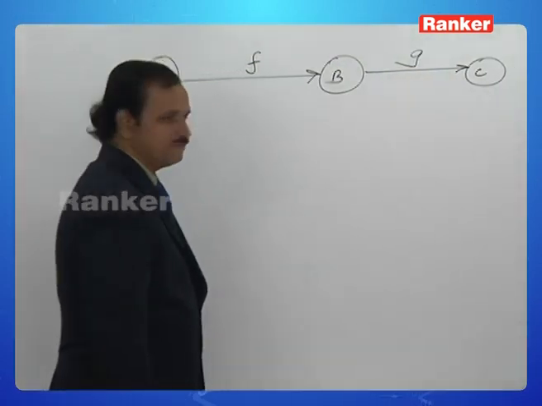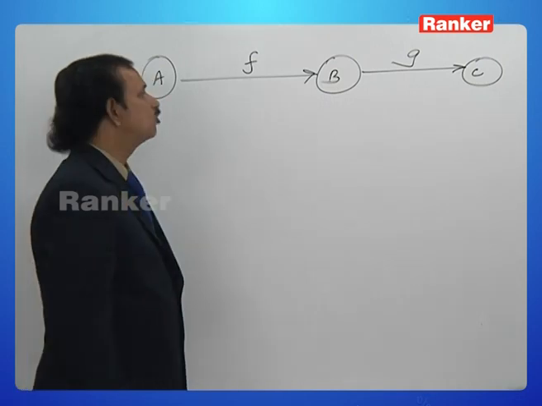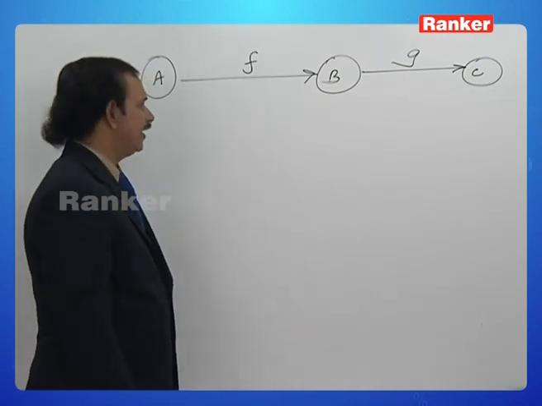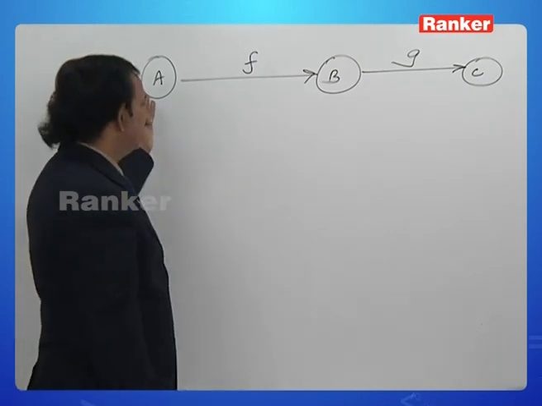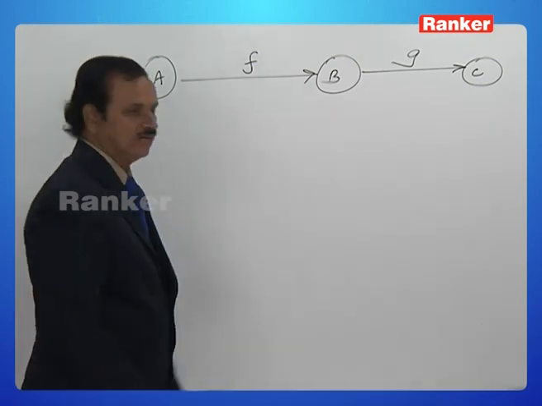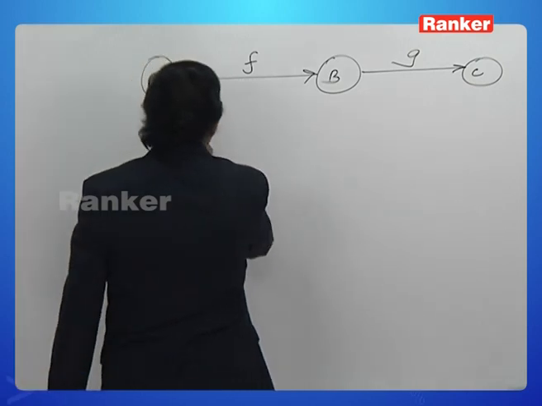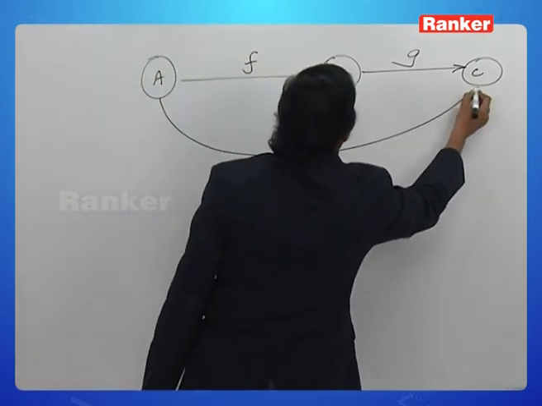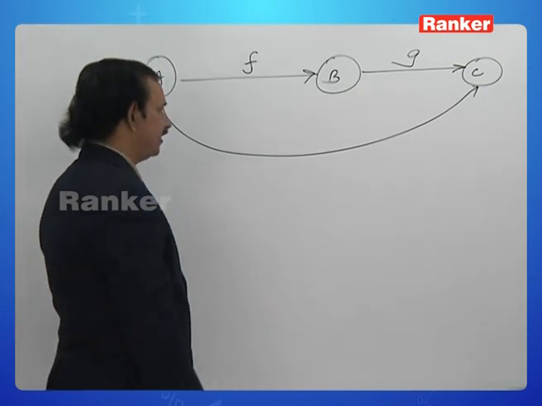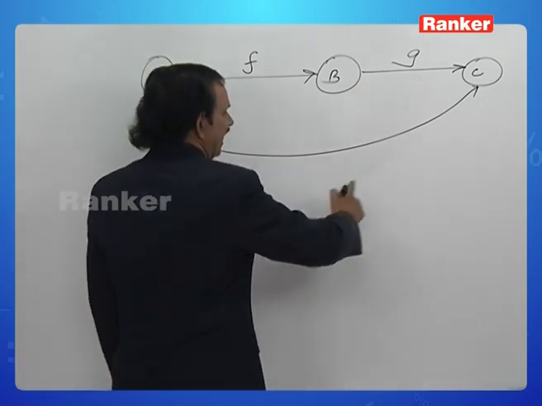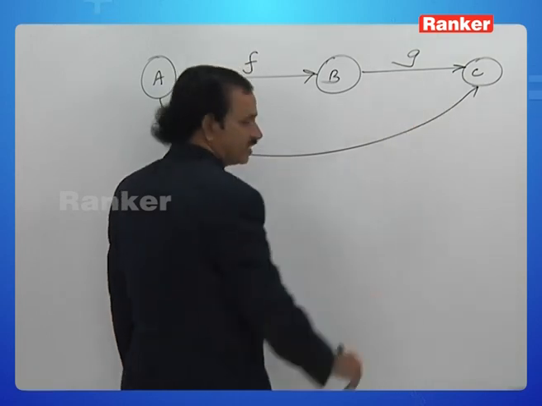What does this diagram infer? There are two functions, one is f from a to b, another is g from b to c. If you start at a, you will be able to reach c. Of course, you may define a function from a to c also. How to name it? You have started from a and reached c, isn't it?